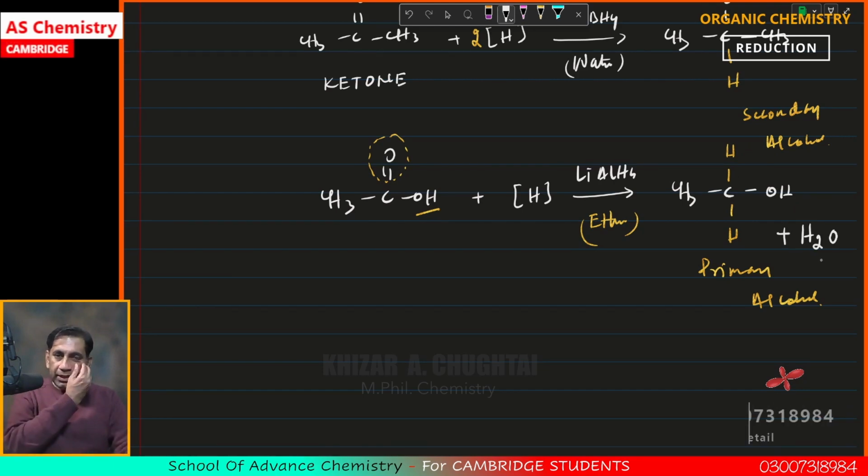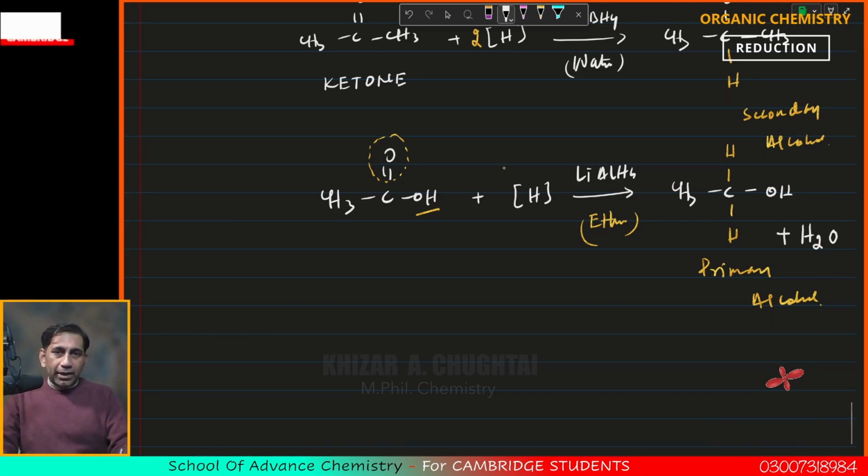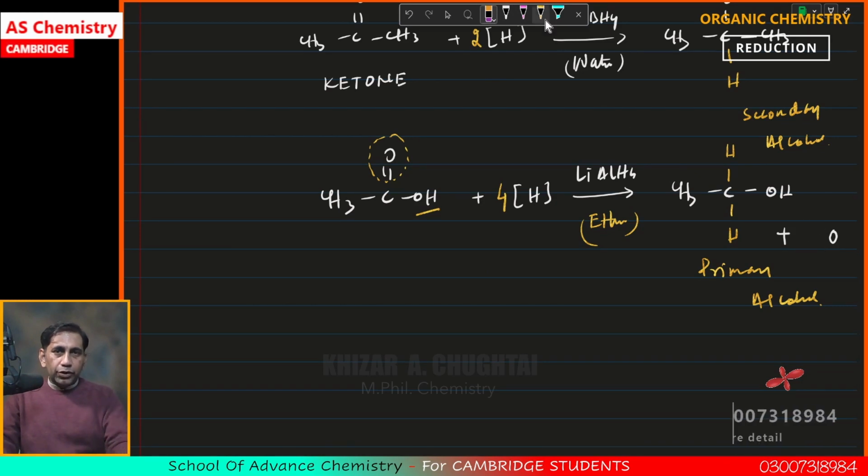Whenever you are going to reduce carboxylic acid, whenever you are going to reduce amide, then water is formed. And this time, to balance this chemical equation, I will put 4 over here. Moreover, I can change the color of these hydrogen as well, because these hydrogen are taken from the reducing agent.